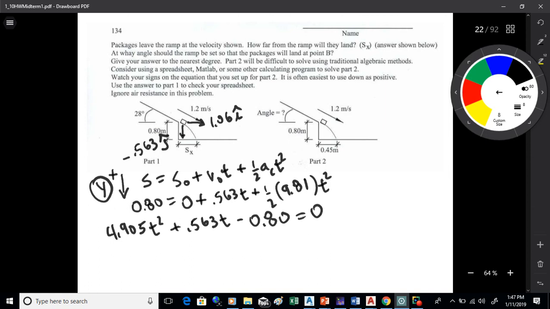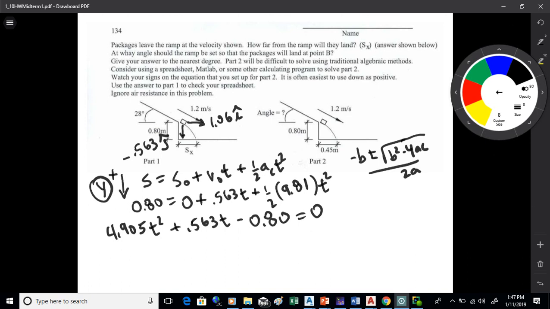And what I'll do is run that through the quadratic formula, which is negative b plus or minus the square root of b squared minus 4ac, over 2a. Now, a couple things on that. That's on your formula sheet if you ever need it. Remember, you can't use a programmable calculator on your tests, so you might just be familiar with where that is.